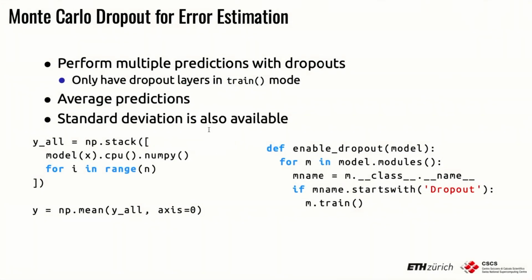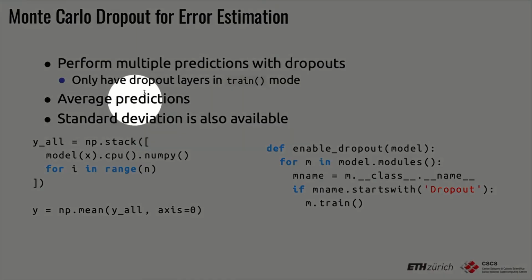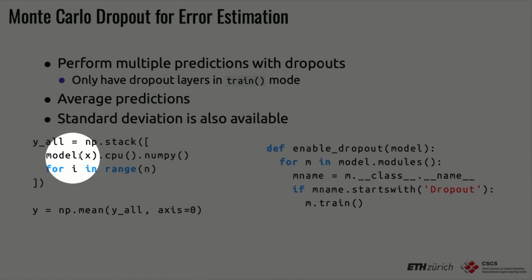Because if you get a very large standard deviation with this technique, it means that the model is not very confident on that prediction, because by changing slightly how the data is propagated into your model, you get very different answers.